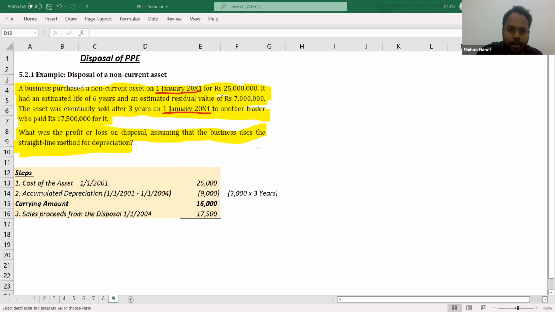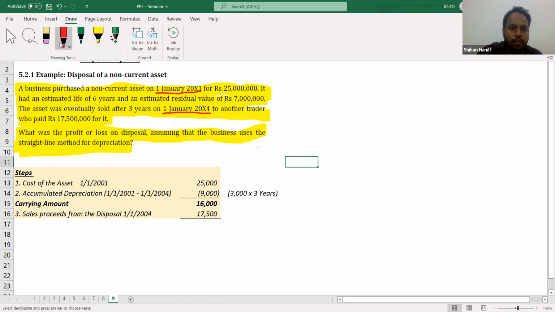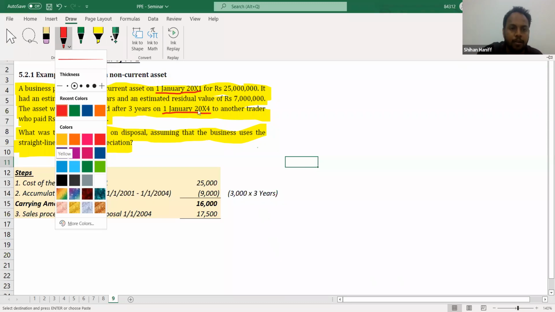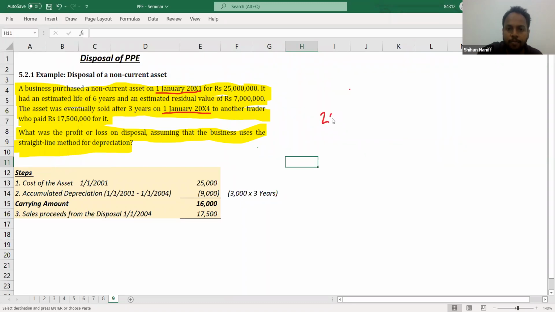Why did you multiply by 3 years? Because there are 3 years, 1st of January 2001 to 2004. 3,000 is annual depreciation. How do you find depreciation? Cost minus residual value divided by useful life. Cost is 25, residual value is 7, useful life is 6 years.